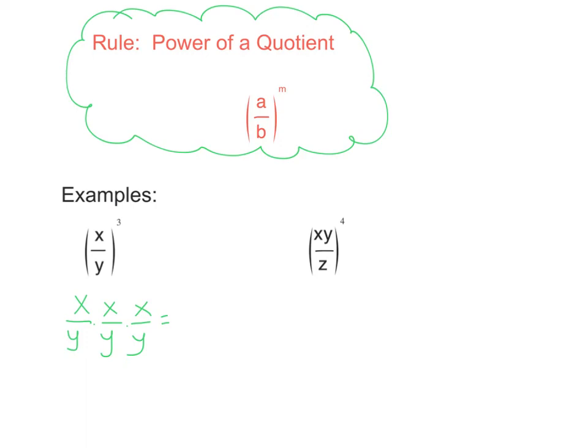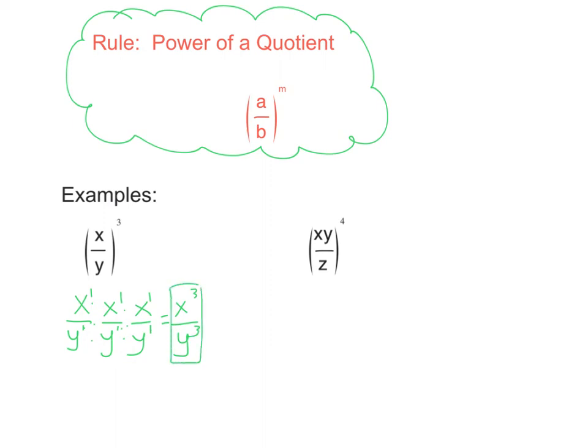So what we're doing here is we're multiplying x times x times x and y times y times y. Well, x times x times x is x to the 1, 2, 3, x to the third. And y times y times y is y to the first times y to the first times y to the first, which is a base of y, and we add 1 plus 1 plus 1, and we get 3.